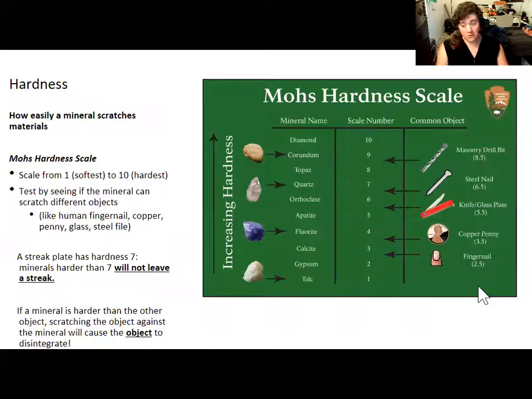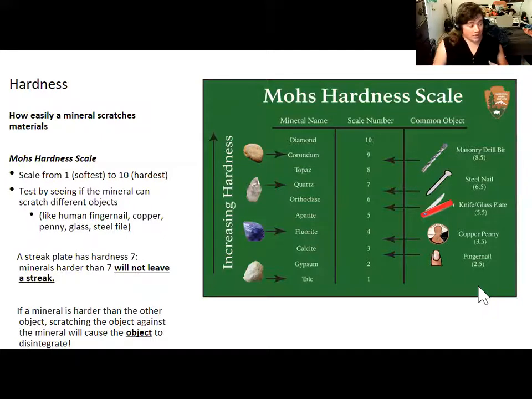A fingernail has a Mohs hardness of 2.5, and so there are some minerals like gypsum and talc that are softer than your fingernail. If you crush your fingernail into them, the mineral will break up. Your fingernail will not be scratched. That's what the Mohs hardness index is based on: a system of what scratches what.